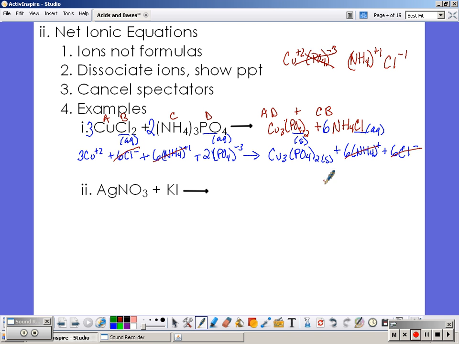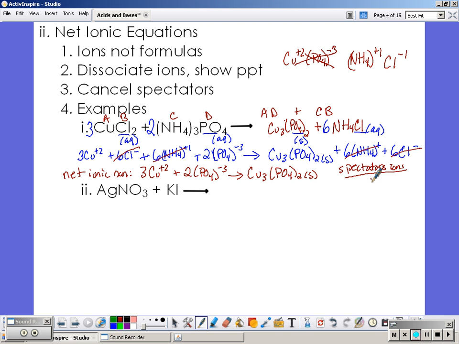So my net ionic equation is 3 Cu plus 2 plus 2 PO4 minus 3, giving me Cu3(PO4)2 solid. My spectators, or the ions that don't do anything but watch the reaction, are the things that I canceled out. NH4 plus and Cl minus.